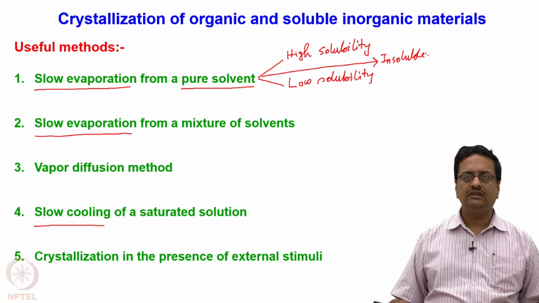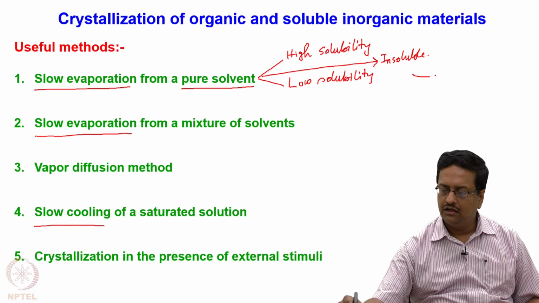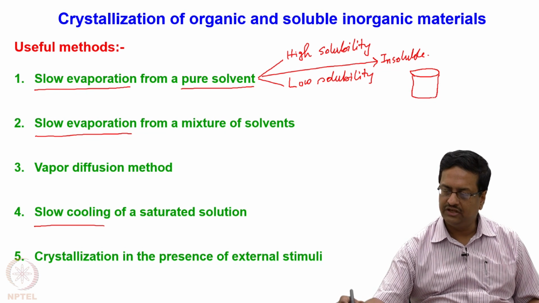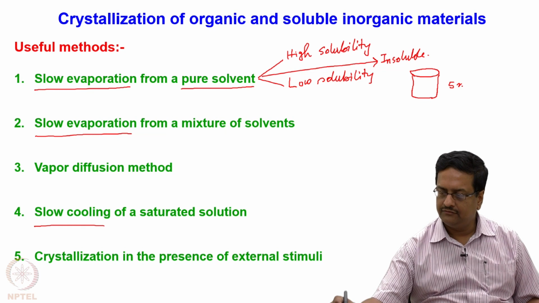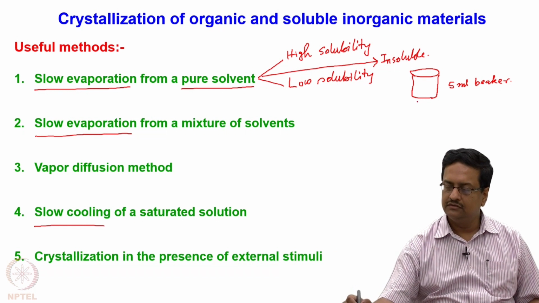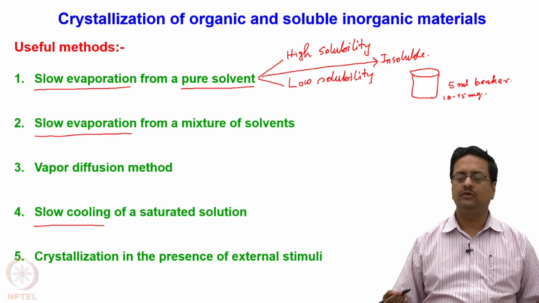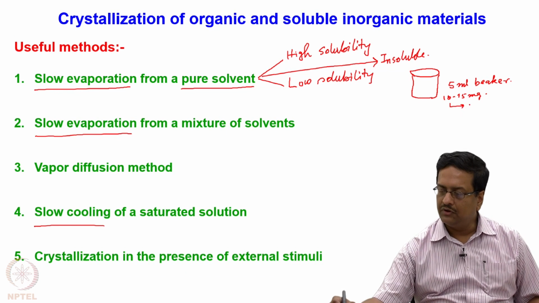What we try to do is make a saturated solution in a small crystallization vessel. We try to use a very small crystallization beaker, maybe a 5 ml beaker. In that we take 10 to 15 mg of the product, if it is soluble, in about 2 ml of solvent.